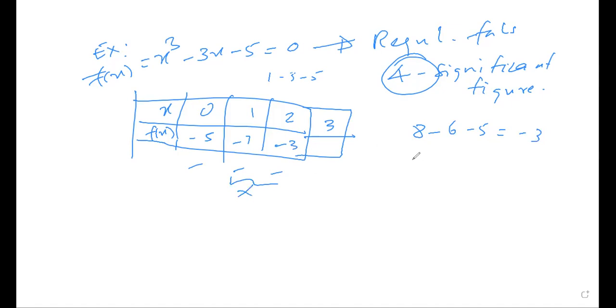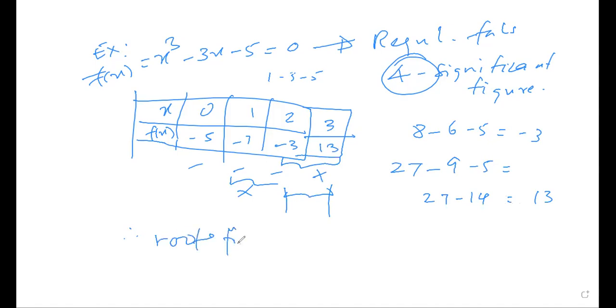Okay, so I need to go further. If it is 3, so 27 minus 3 into 3, 9, minus 5, which is equal to 13. Am I correct? So we got a plus. So we can stop our searching and, therefore, the root lies in the interval 2, 3.